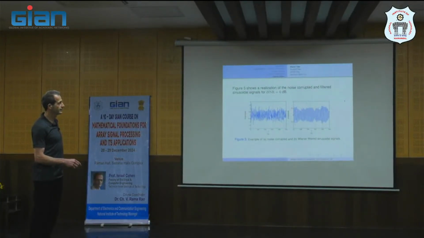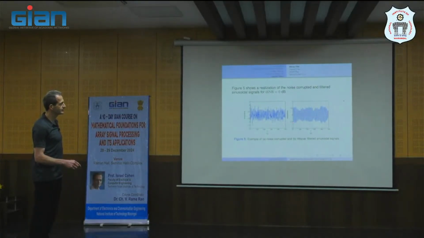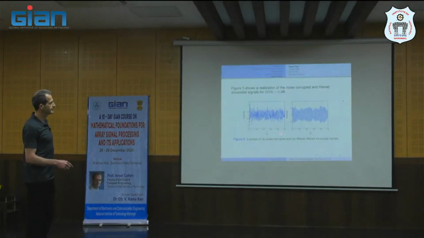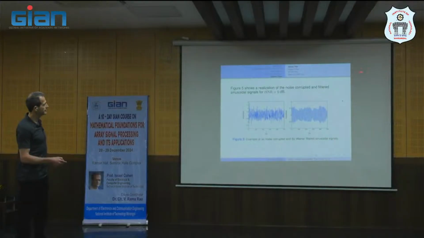The envelope here is noisy. It's not one amplitude, the frequency can change along the signal, and the phase may also be inaccurate. But this is the signal that we get. At least it's better. The signal to noise ratio is higher. This is a realization with input SNR equal to 0 dB.